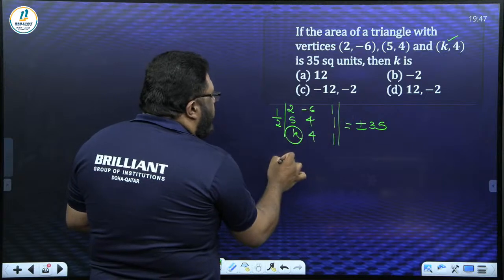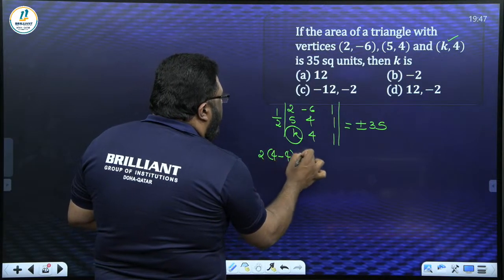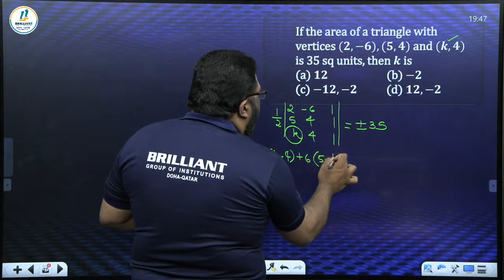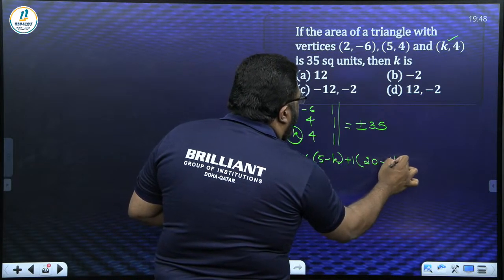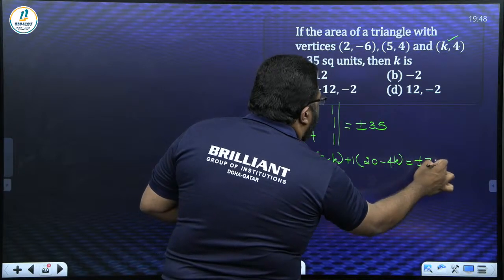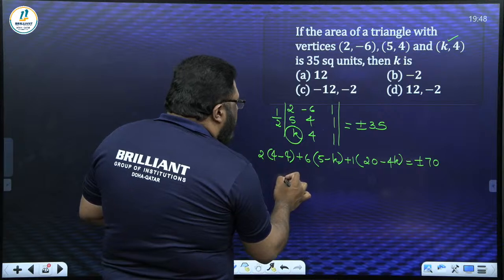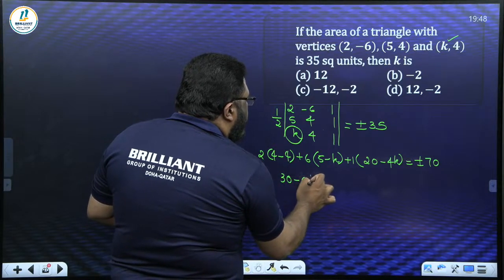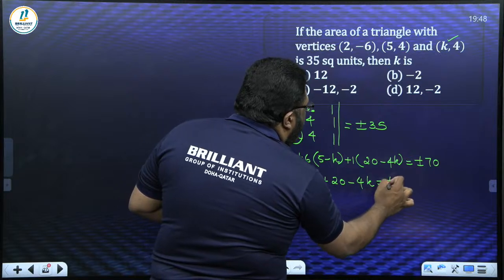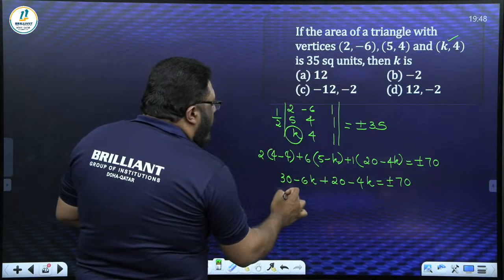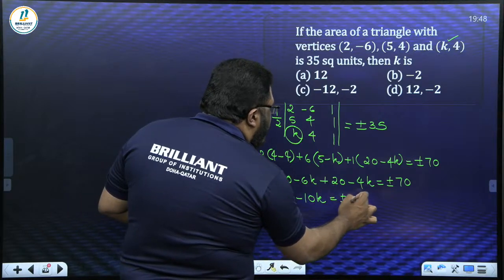Now just shift the 2 to the other side and find the determinant. 2 into 4 minus 4, plus 6 into 5 minus k, plus 1 into 20 minus 4k is equal to plus or minus 35 times 2, 70. This is 0, so you get 30 minus 6k plus 20 minus 4k equals plus or minus 70. So it's 50 minus 10k equals plus or minus 70.